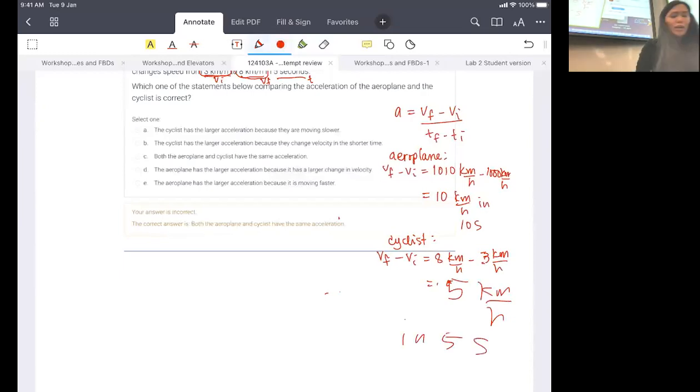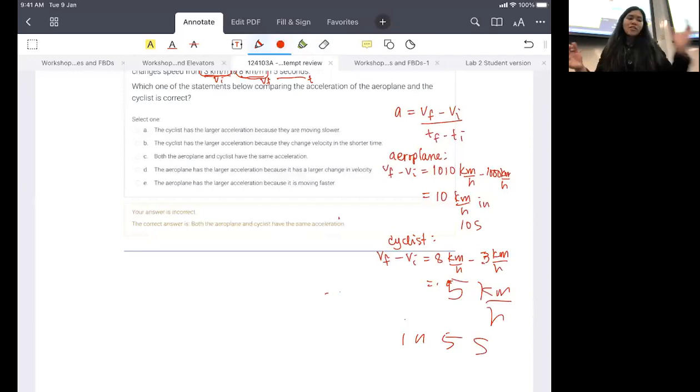So that's a change of 5 kilometers per hour in 5 seconds. If you compare the change in speed for the airplane, it's 10 kilometers per hour in 10 seconds. For the cyclist, it's 5 kilometers per hour in 5 seconds. Half the change in half the time will give you the same acceleration, right? It's still an acceleration of 1.